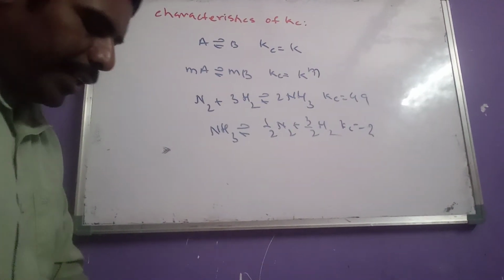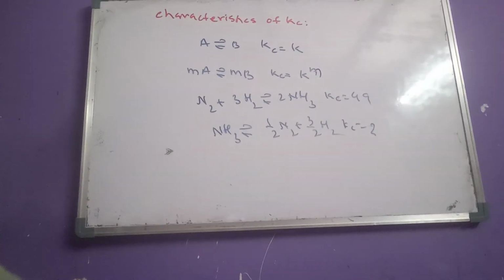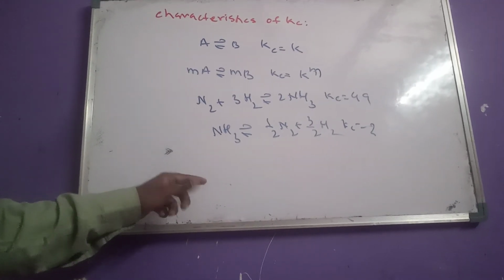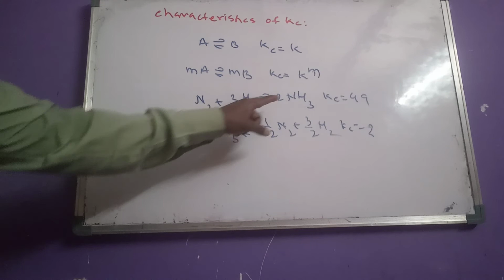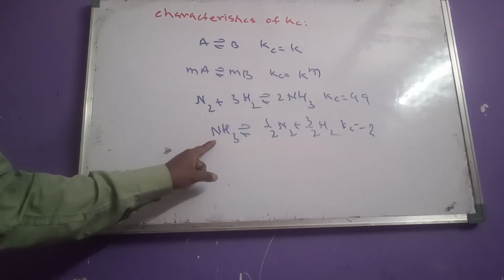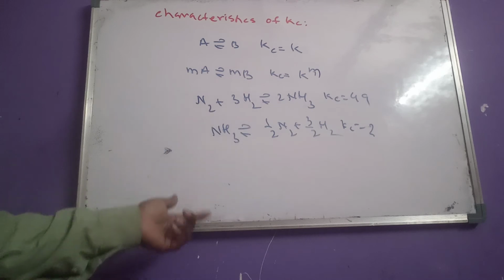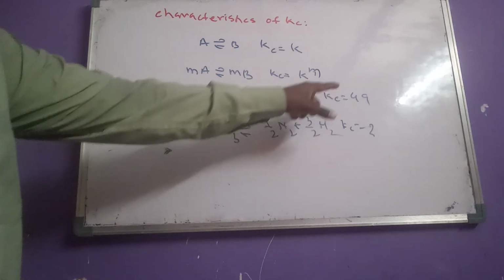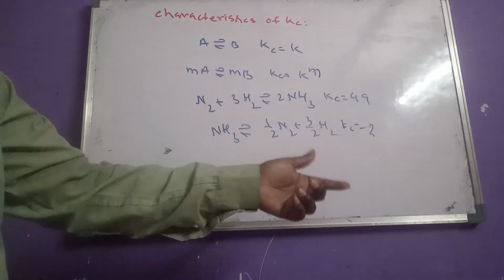So to get Kc value for this equation, let us examine what changes have taken place here. First change, NH3 now came to the left hand side, means the reaction has been reversed. So if the reaction has been reversed, Kc value also should be reversed.